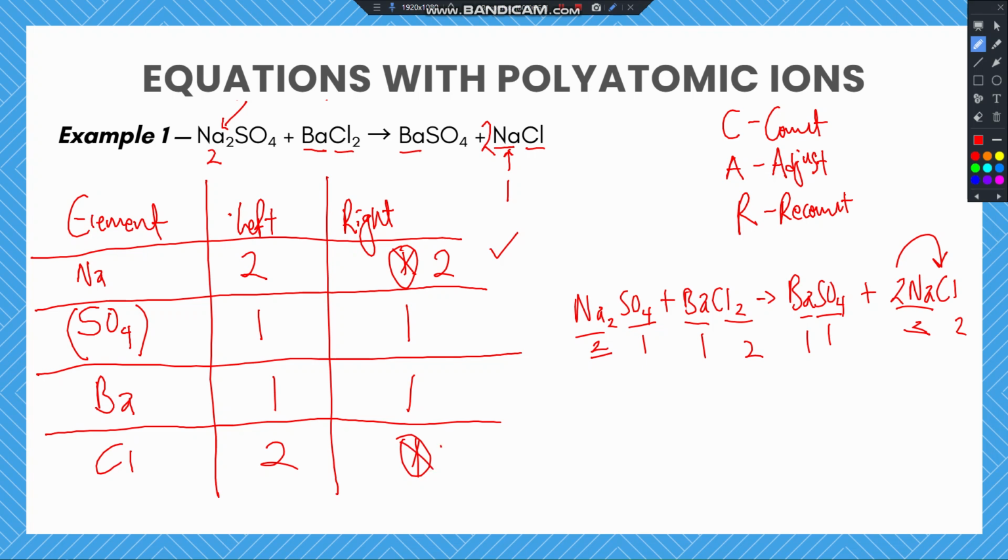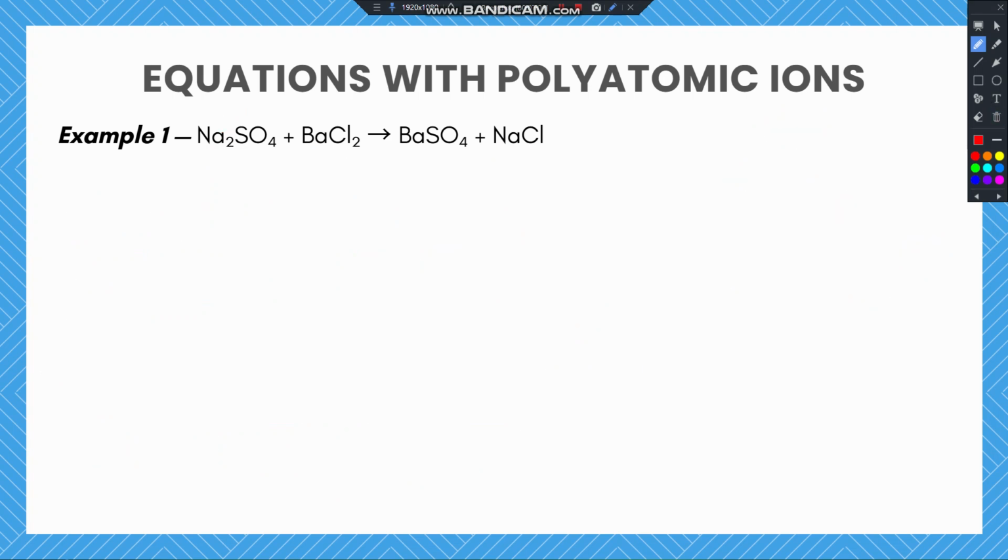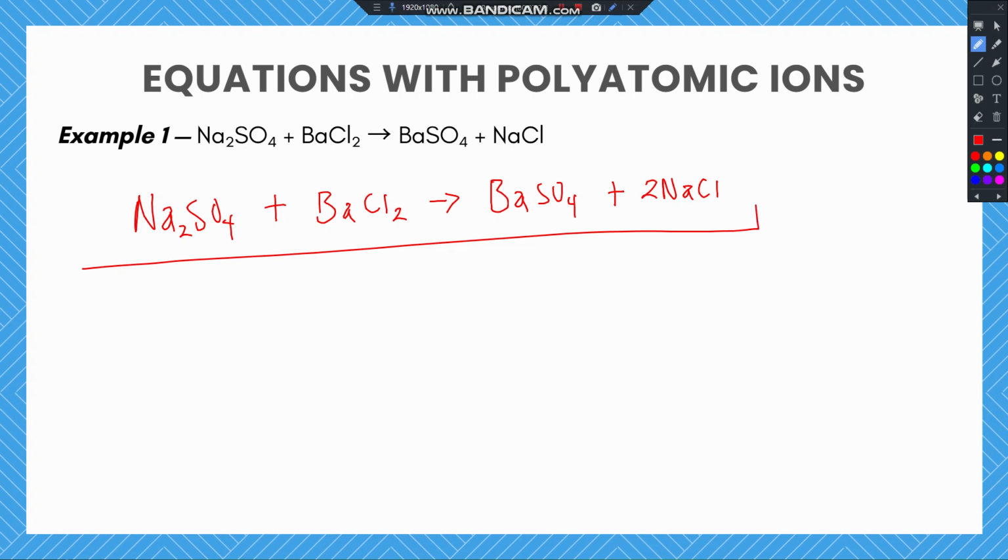So chlorine has already been balanced by introducing the new coefficient. The full balanced chemical equation now becomes Na₂SO4 plus BaCl₂ yielding BaSO4 plus 2NaCl. This, my friends, is the full balanced chemical equation.